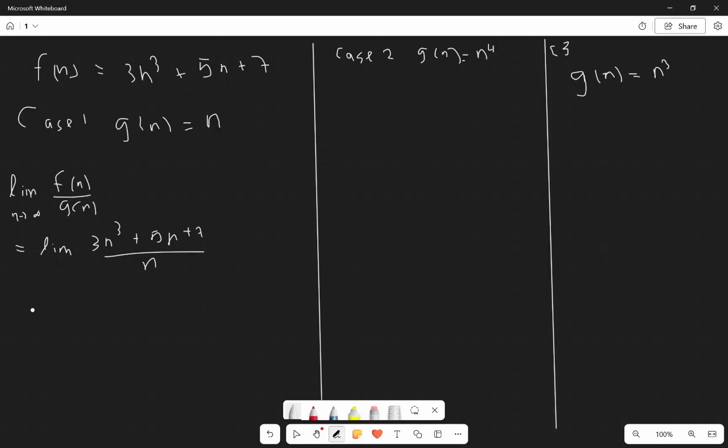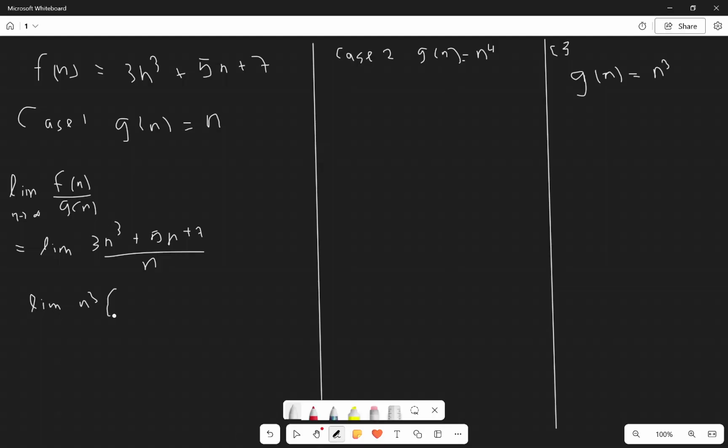So this will be the limit. I get n cube as the common factor from the expression above. Okay, that's wrong.